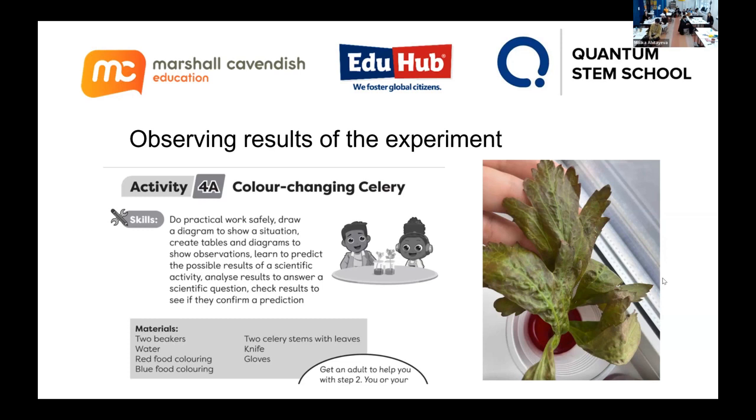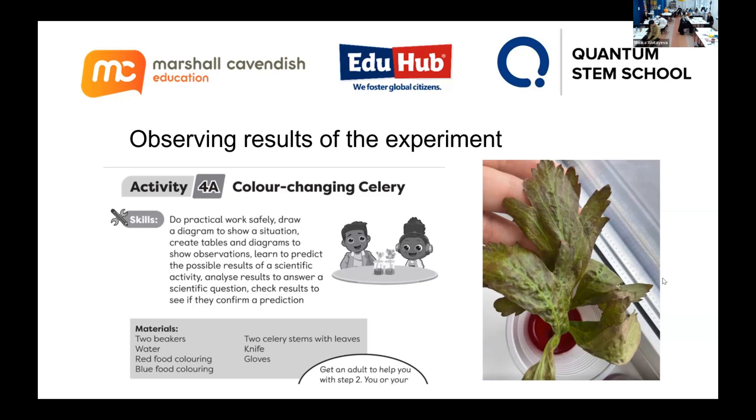Well, this is true. So that's why, as I mentioned before, I introduced the vocabulary first. When they know this new word already, they can understand what's going on a little bit. They understand the context already. In addition, I wanted to mention that we have actually done this experiment practically. It was in the book, a color change in celery. This is our result. After 2 days, we observe the result and we see that there are some red pigments on the celery leaves.